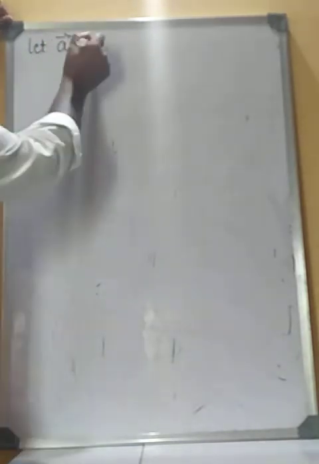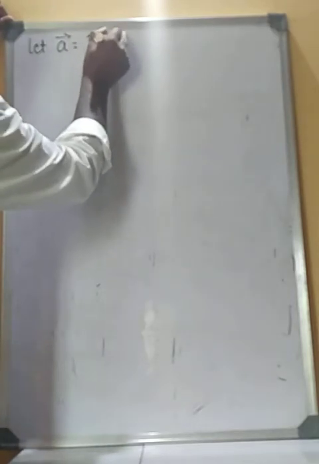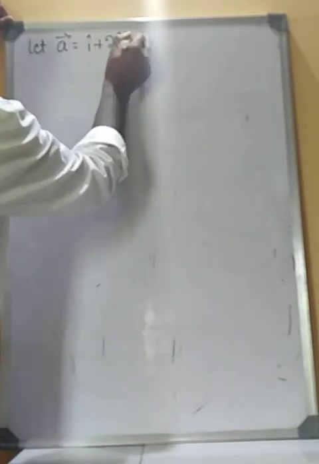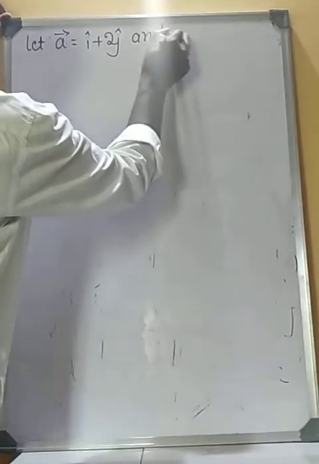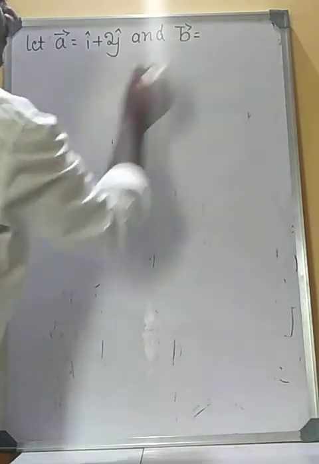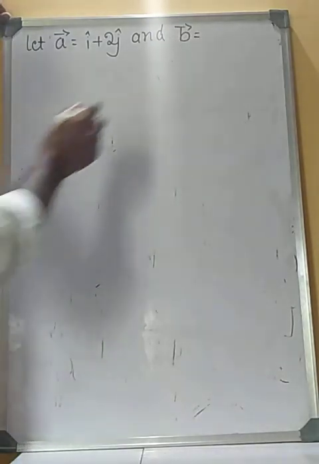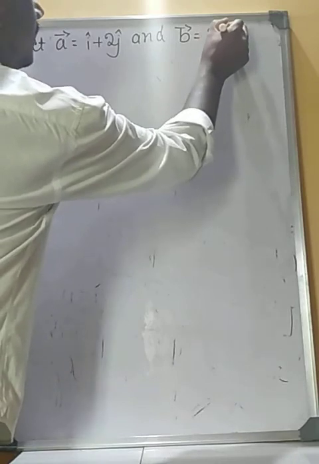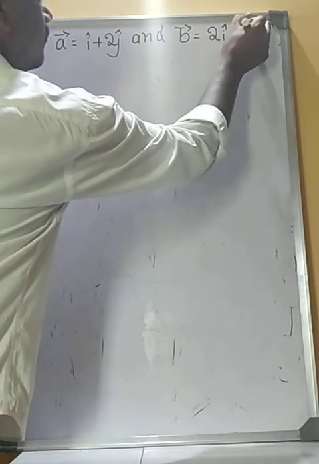The next example 3. Let vector A be equal to i plus 2j and vector B be equal to 2i plus j.